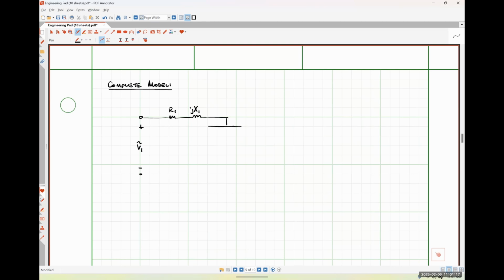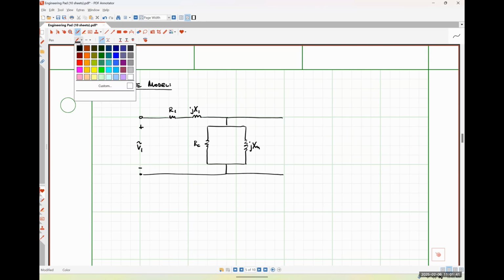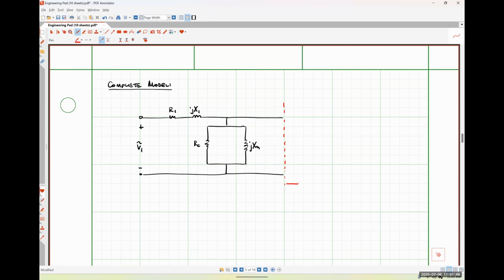Here is our shunt components from our core resistance and our magnetizing reactance. I'm going to draw a dashed line through here. This dashed line literally represents our air gap, so that everything to the right of this dashed line is PAG.